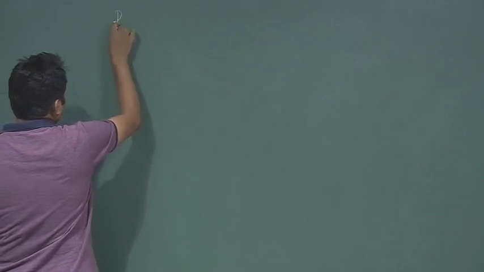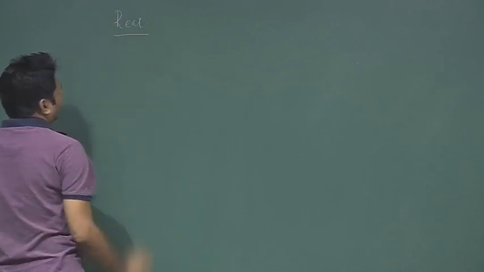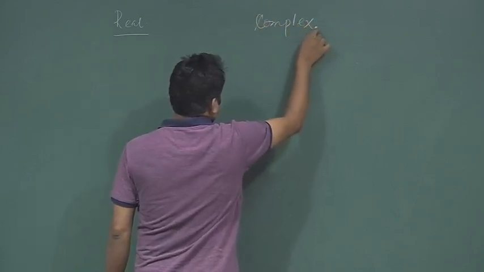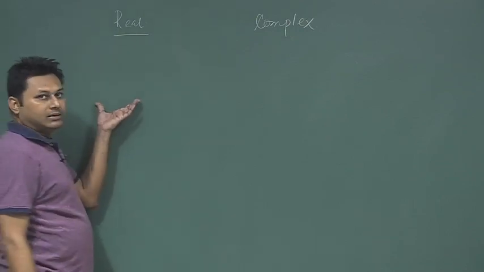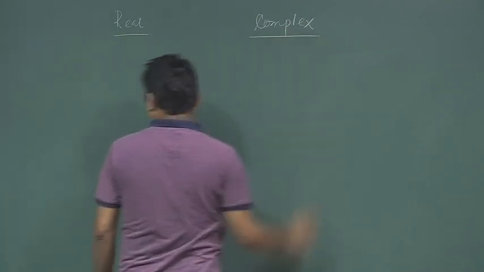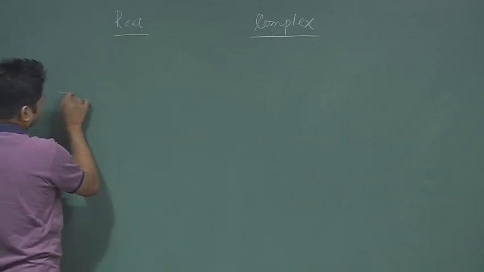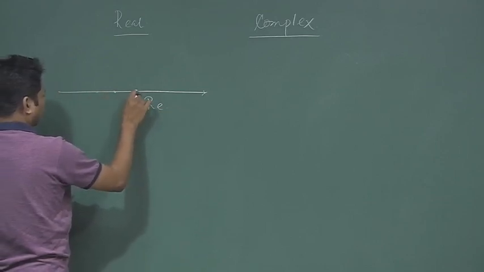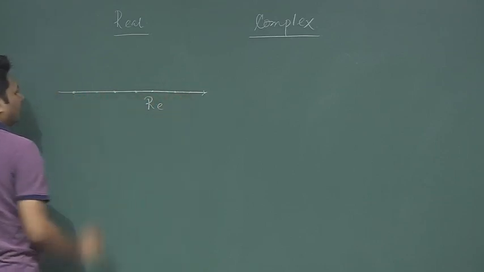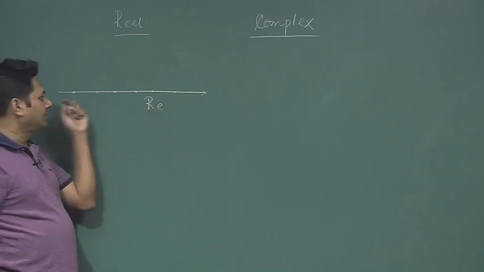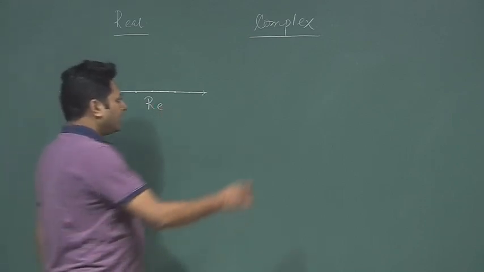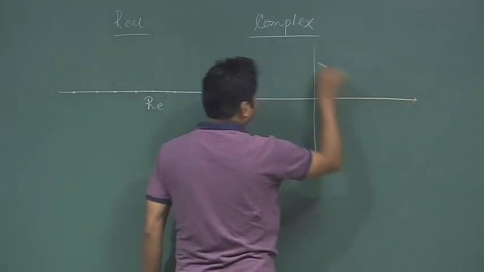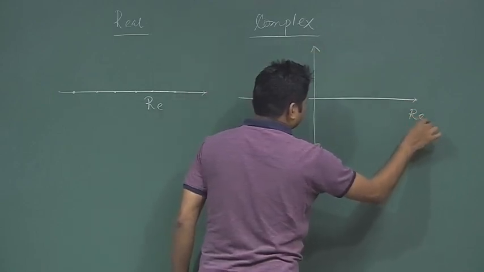So this is the real case and this is the complex case. In the real case, if you remember from the first class, if I want to define a point, it should be on the real axis. All the points, whatever the value, should be on the real axis. On the other hand, in the complex case, instead of one line we have a plane.